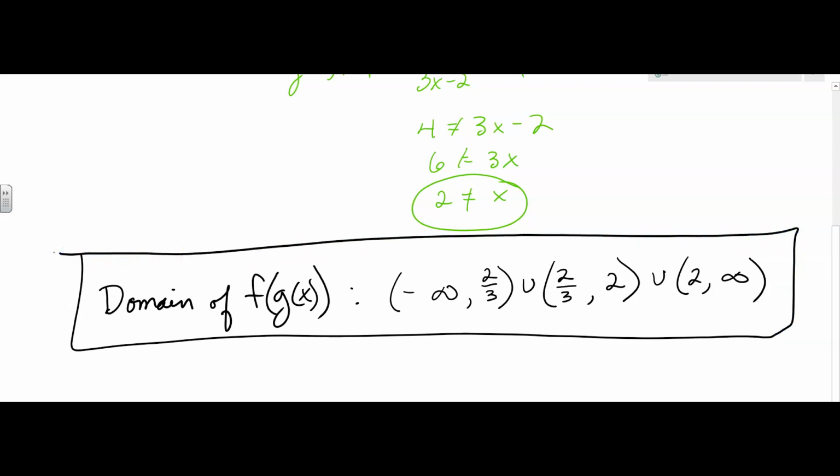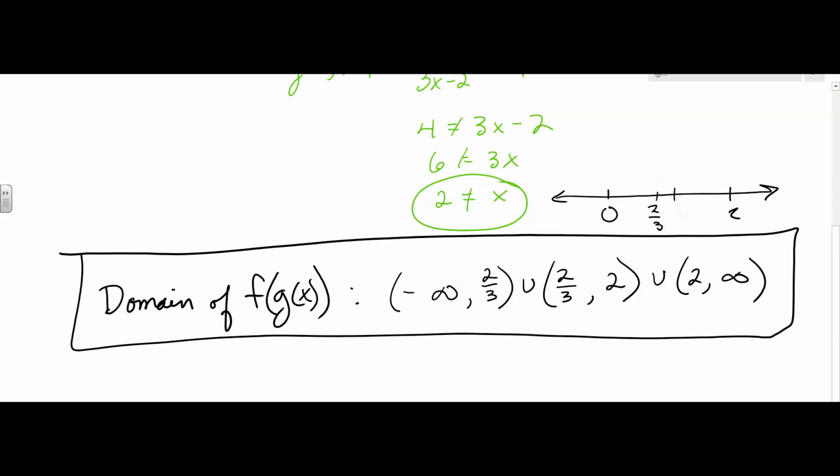Okay, so that's the answer in interval notation. You could use set notation as well. I'm looking to see, no, the book uses the interval notation, so that's what I would use as well. If you're having a little trouble seeing this, think about the graph. Here's 0, here's 2, here's 1. Okay, so here's 2/3 maybe.